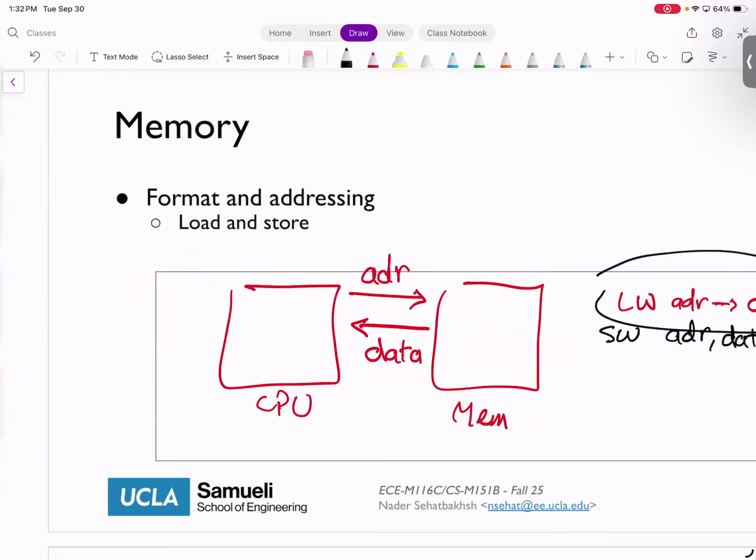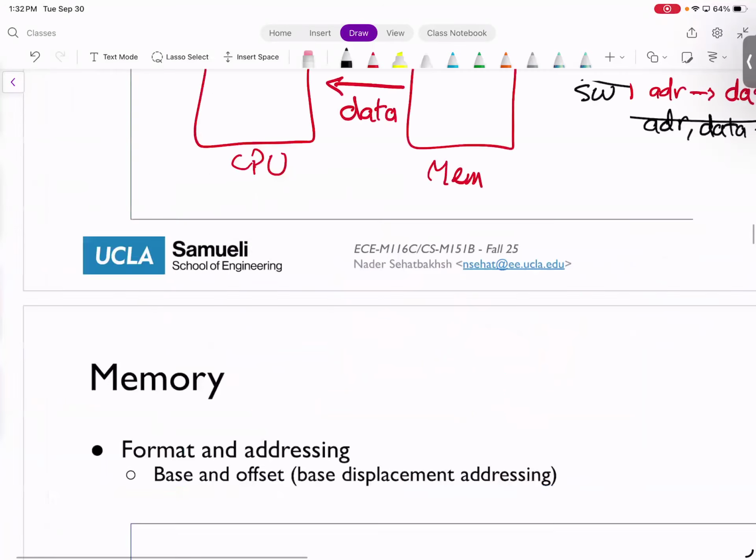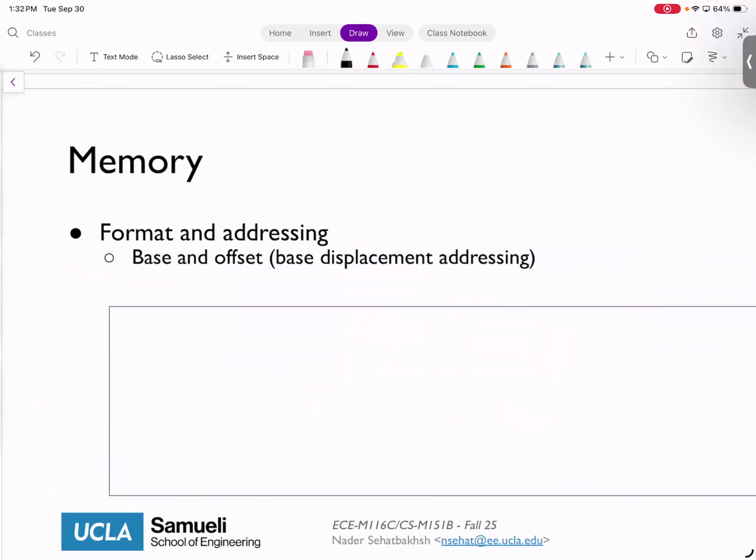There are different types of storing and loading in RISC-V that we're going to talk about. Before that, generally there are different formats of addressing in an ISA, specifically for RISC-V. So typically we go with what we call base plus offset addressing.